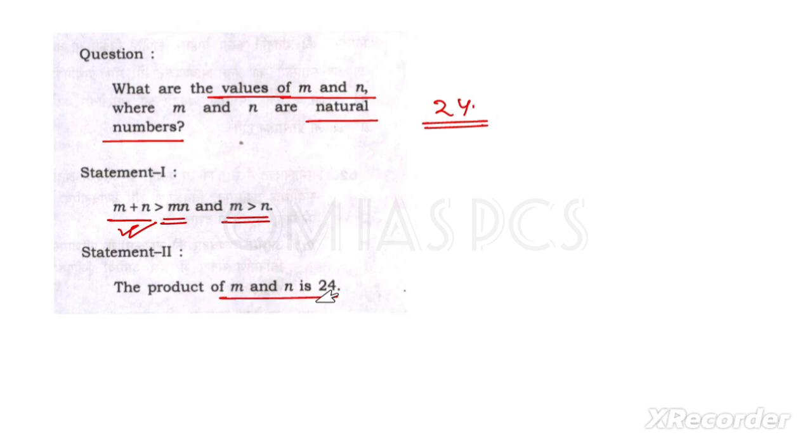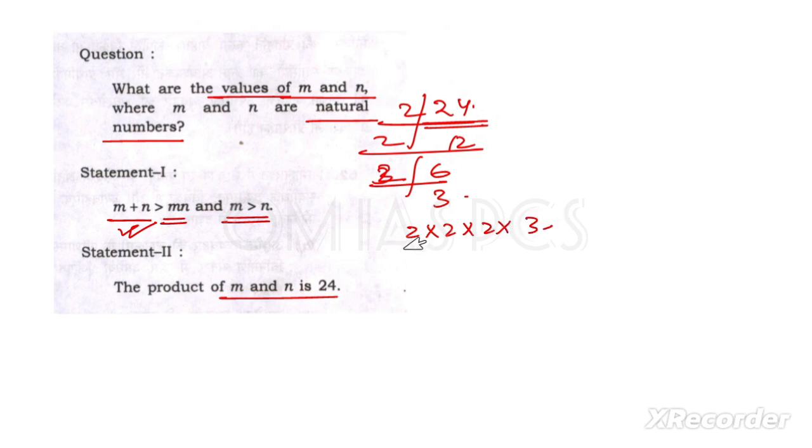It will be 2, 12, then 2, 6, then 2, 3. So 2 multiplied by 2 multiplied by 2 multiplied by 3. So what are the values of m and n? We have to take two values, m and n. Can we say 2 multiplied by 12?